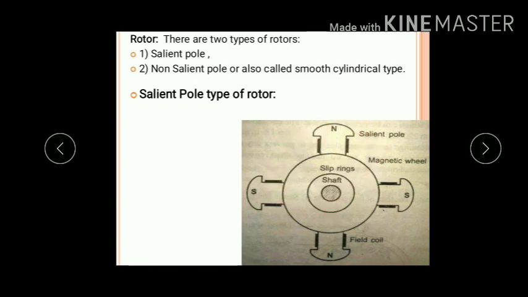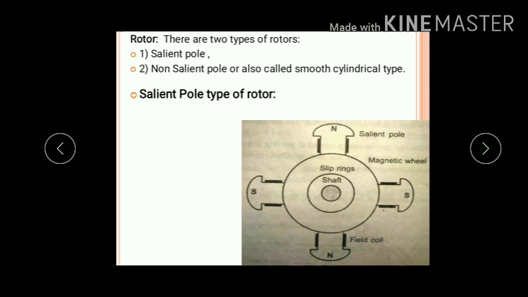So basically the rotor core is cylindrical in shape and it is made up of cast steel, and these type of rotors are suitable for low and moderate speed operation of 300 rpm to 600 rpm.